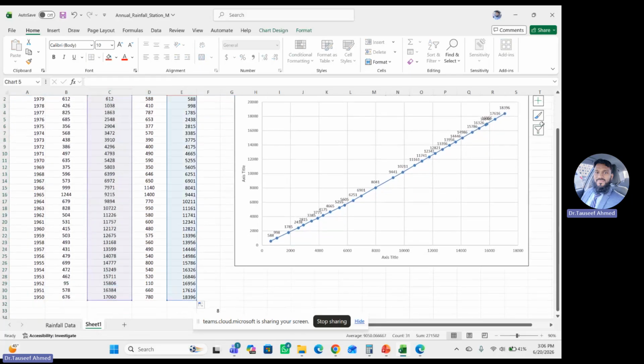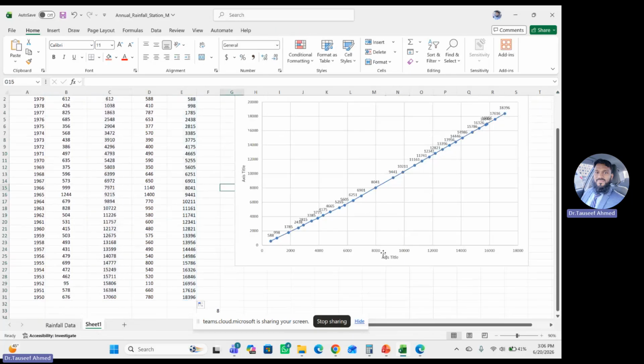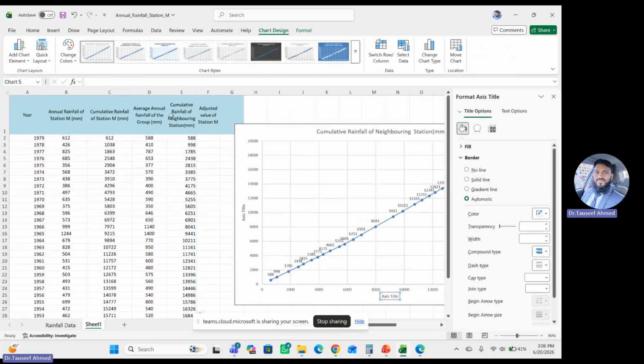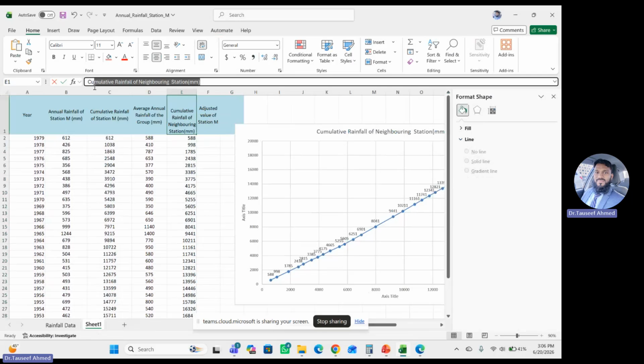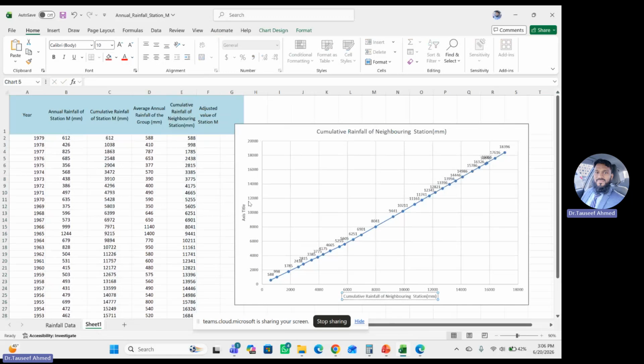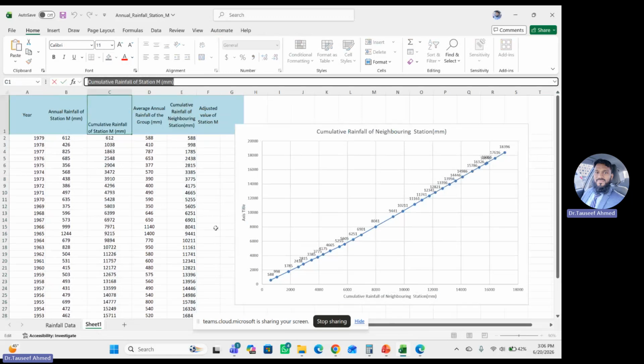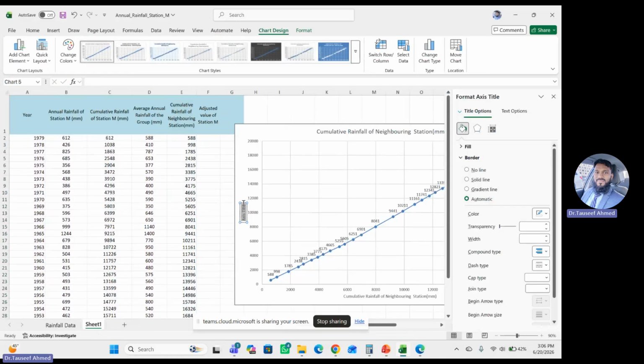If I add the labels here, x-axis and y-axis, on the x-axis this one is the value. Now you can understand. Similarly, on the y-axis, this one is the value. This is the table. Now you understand.